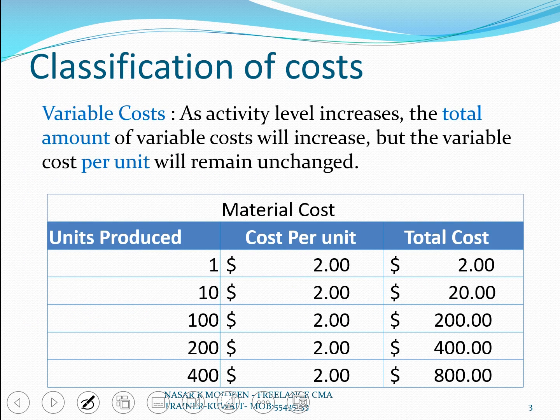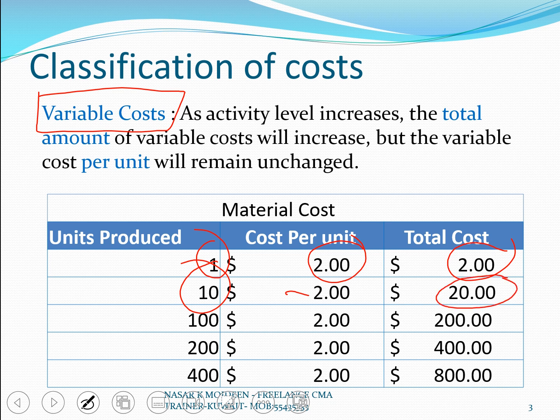So variable cost we can discuss further here, the characteristics of variable cost. We can see here, when I produce 1 unit, my cost per unit is $2 and total cost is $2 only. When I produce 10 units, cost per unit is the same, again $2, but my total cost is now $20. When I produce 400 units, again cost per unit is $2 only.